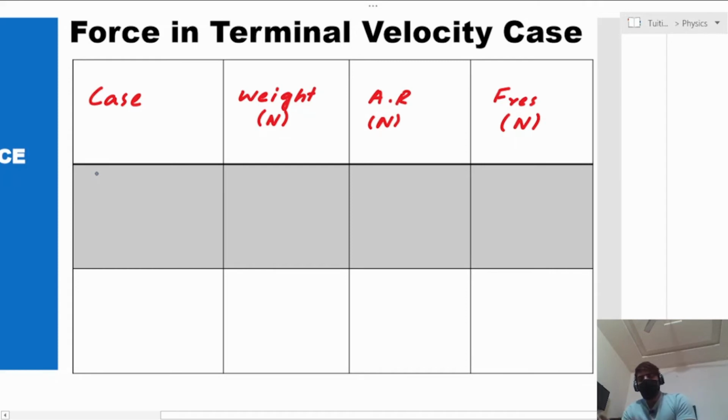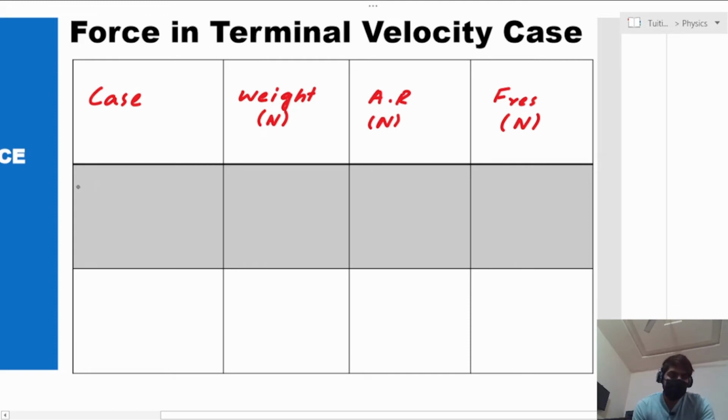Now, right now I'm not discussing what the terminal velocity is. That's a completely different topic. But when the object is approaching the terminal velocity, there are different things going on with these forces, and when the object has reached the terminal velocity, there are different things that go on with these forces.